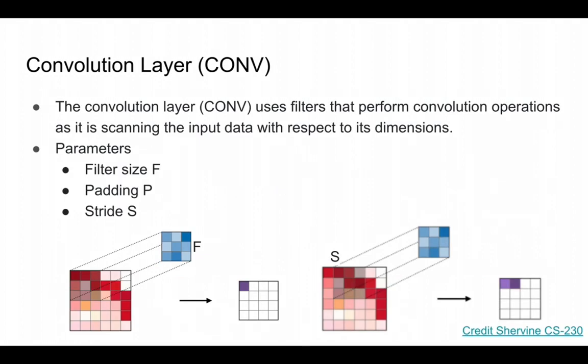Let's have a quick overview of each of the components. The convolutional layer uses filters to perform convolution operations as it scans the input data with respect to its dimensions. The parameters of a convolution layer include the filter size, the padding, and the stride. Here is one cartoon showing an example.